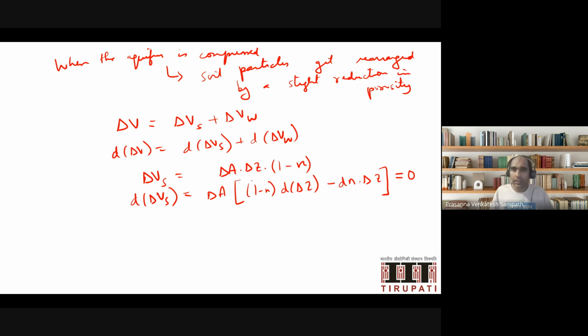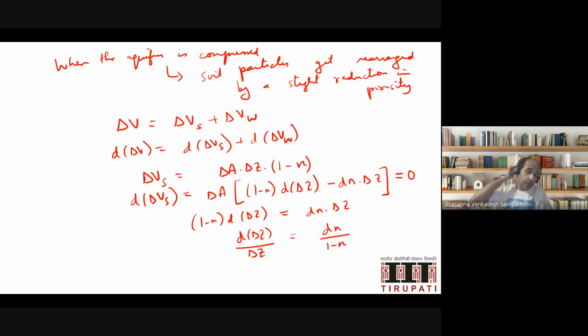So if you rearrange this equation, you will get it's equal to 0. Then I will get 1 minus n times d delta z equal to dn times delta z. Rearranging, you'll get d delta z divided by delta z equal to dn divided by 1 minus n.